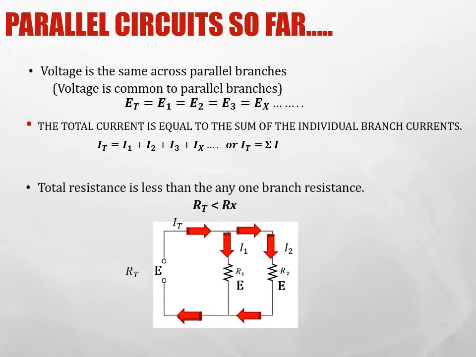Finally, the total resistance of the circuit will appear to be less than any individual branch resistance. Let's look at some more example problems and explore resistance in parallel to a deeper degree.